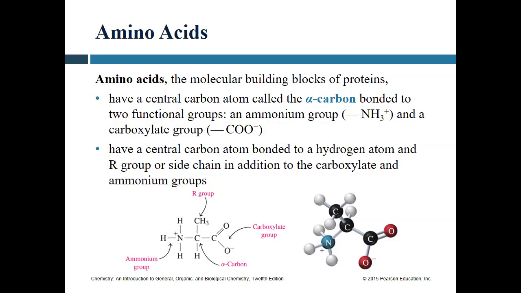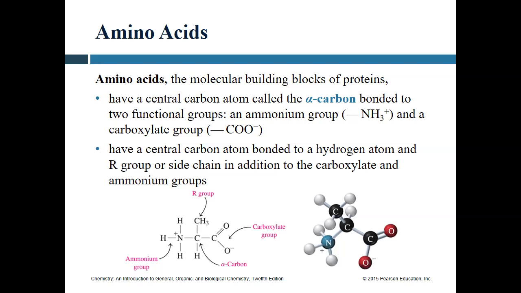Now, again, the base building block of a protein is called an amino acid. And amino acids are characterized by kind of three components. There are three components that are present in every single amino acid. There is a central carbon. That central carbon is referred to as the alpha carbon.